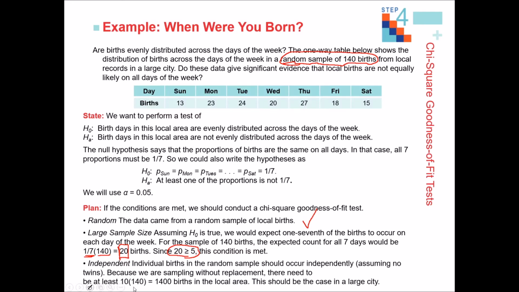That math is shown right down here. This was said to be a large city, so it seems reasonable to assume, I don't know exactly what our time period is, but it seems reasonable to assume that as long as we looked for a couple of days or weeks, there would probably be like 1,400 births in the local area, since this is, after all, a large city.